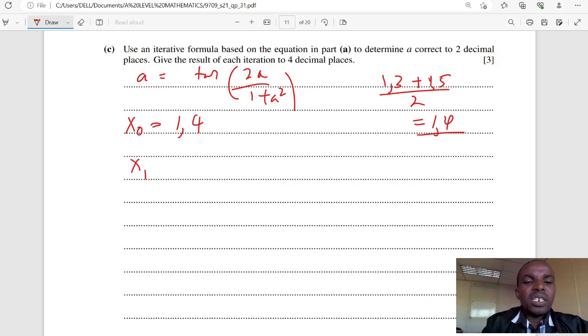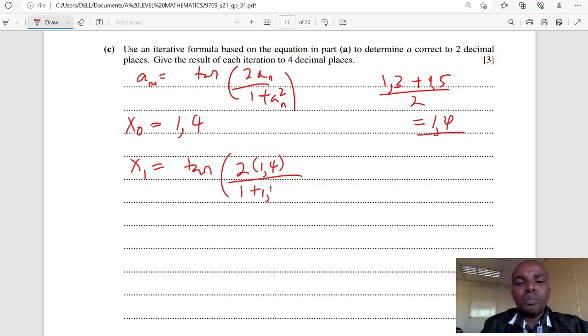Then x1 equals tan, so this one is a_(n+1), then a_n. It will be tan of 2 times 1.4 over 1 plus 1.4 squared. Let's punch it into my calculator.